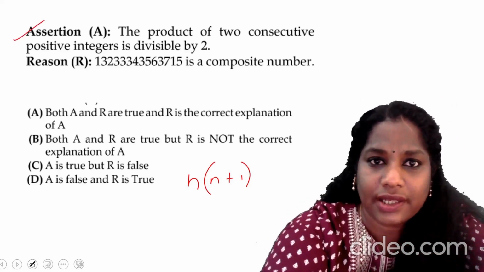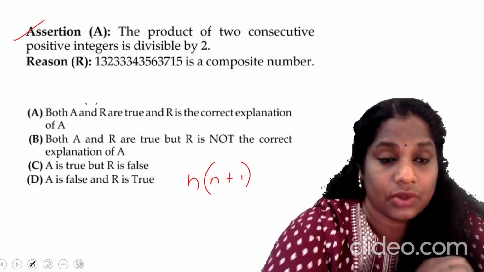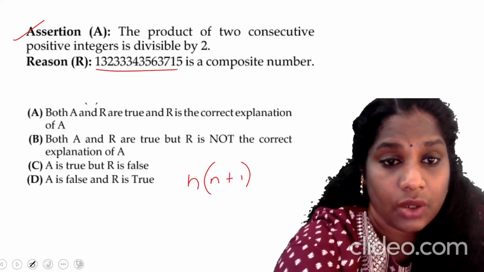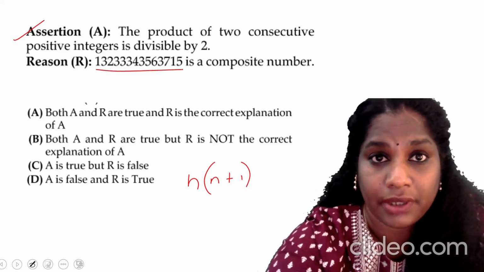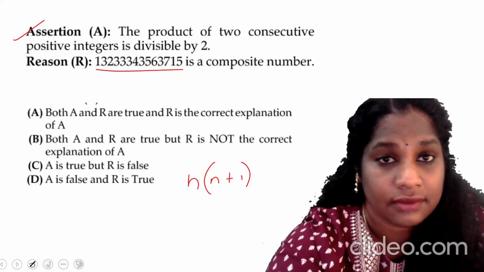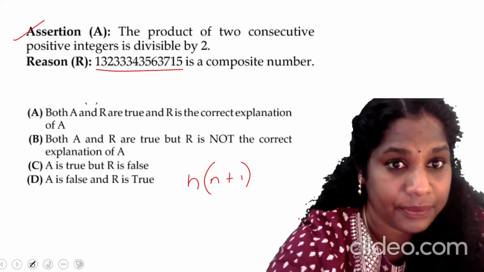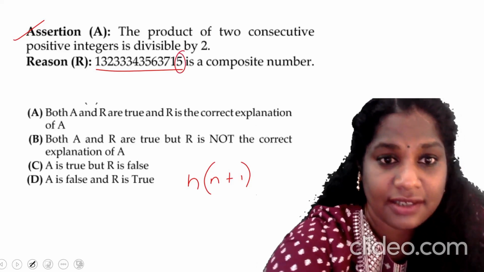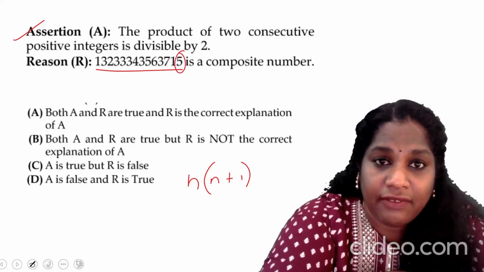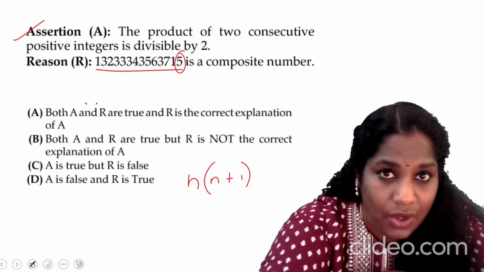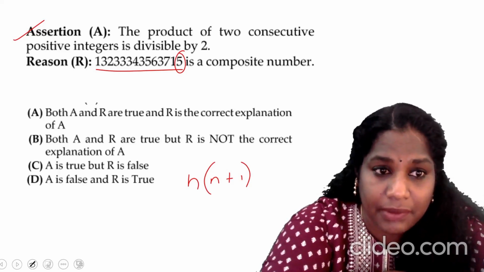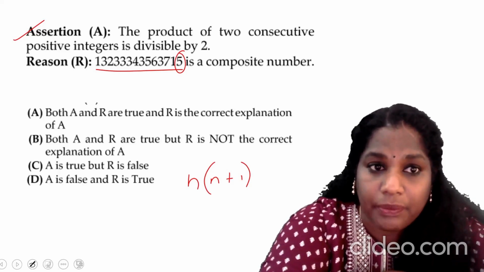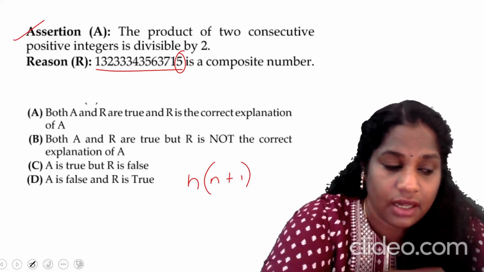How about reasoning? Quick, don't take much time, it's very easy. Look at the number. Is it a composite number? Does it have more factors? The digit at the ones place is 5. So, is it a composite number? It is a composite number. That is correct.